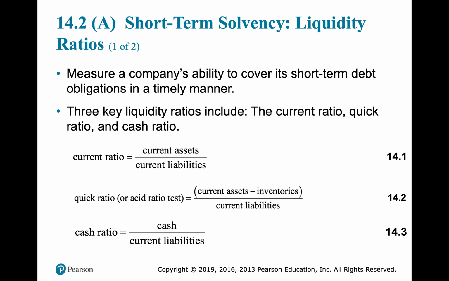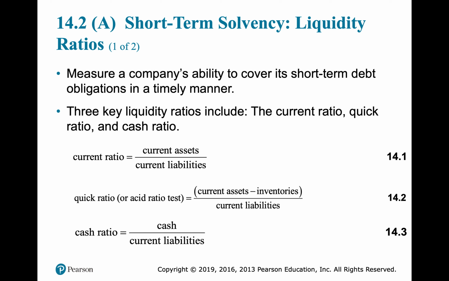The first one looks at all current assets. Some of those are not going to be as liquid as others. Some current assets are going to take a little bit longer to convert to cash than others, but this is still a good first ratio to look at. Technically, all current assets can be converted to cash, so we can look at that ratio first.